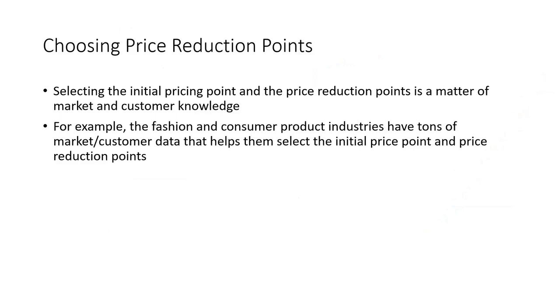Now, in the fashion and consumer product industries, in the auto industry, and many other retail industries, they have tons and tons of market and customer data that helps them select the initial price point for what it is they're selling and what the price reduction points will be in order to target the next market segments.